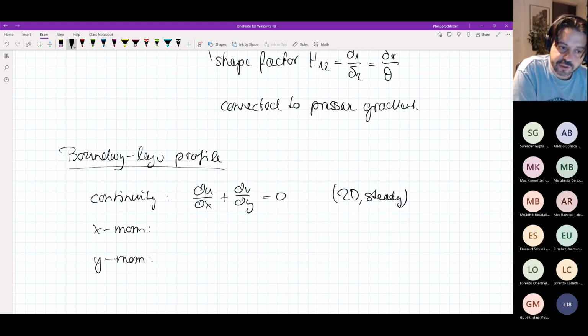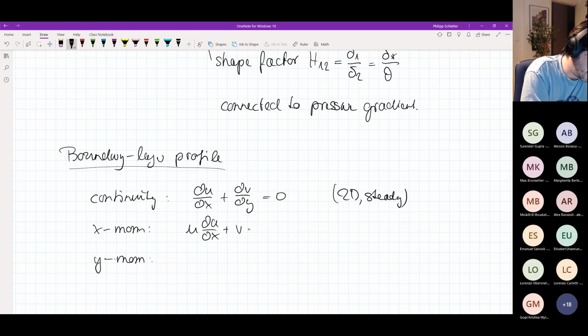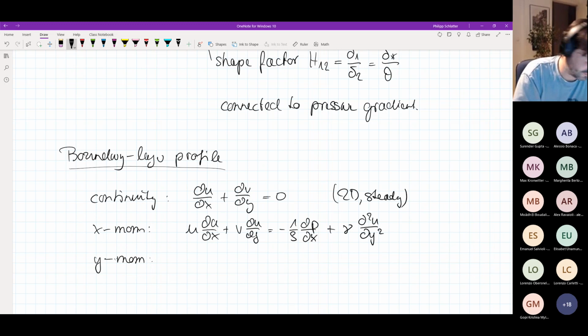That was what Alessandra was deriving. So the x momentum equation becomes u times du dx plus v times du dy, which is the same as -1 over rho dp dx plus nu times d squared u dy squared. And the y momentum equation using the Prandtl approximation becomes dp dy is simply 0.